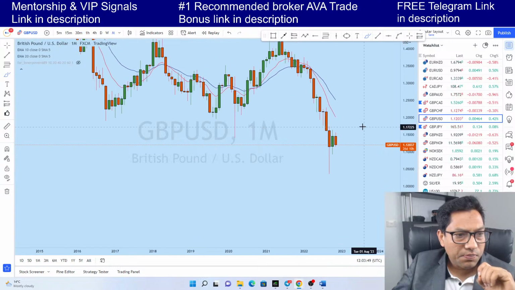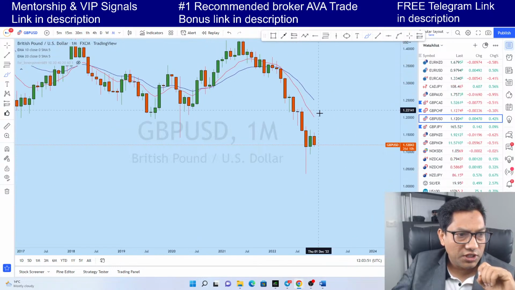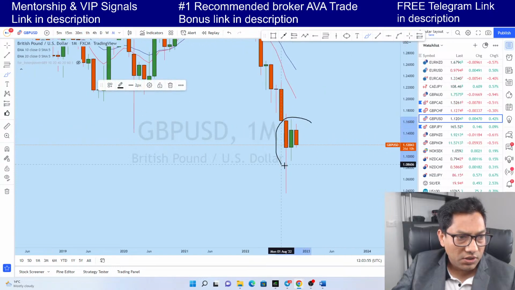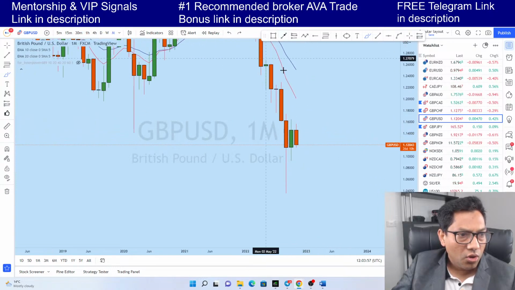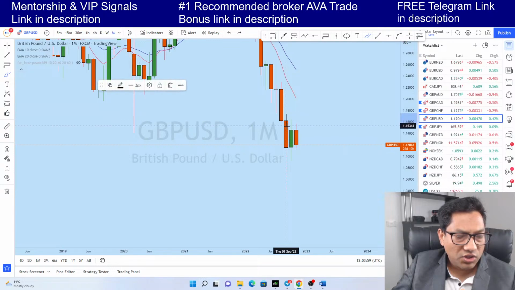Now on the monthly perspective, if we narrow in here, this is the monthly candlestick pattern. We have seen first of all a very strong bearish candle on the monthly, which has a healthy body and also a long wick at the bottom.